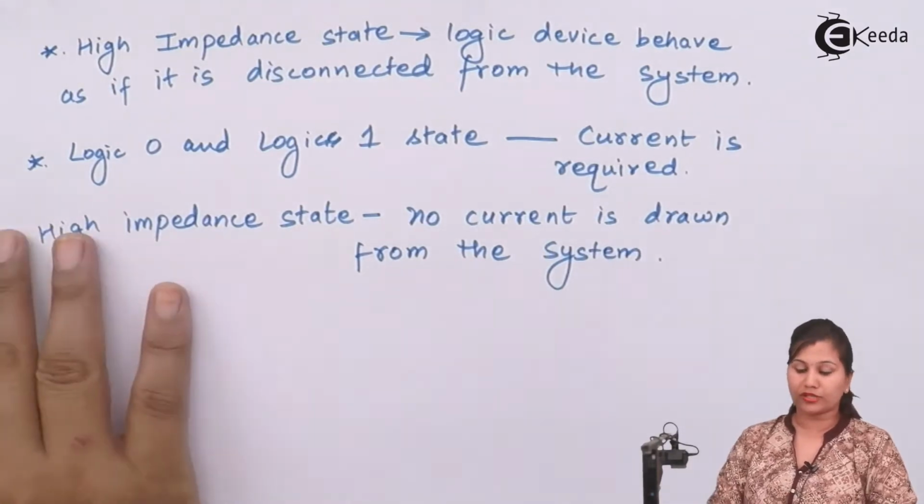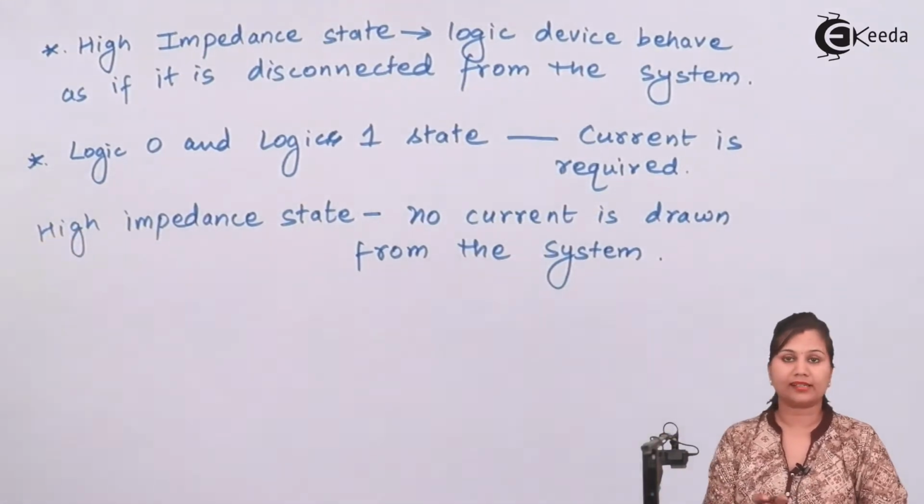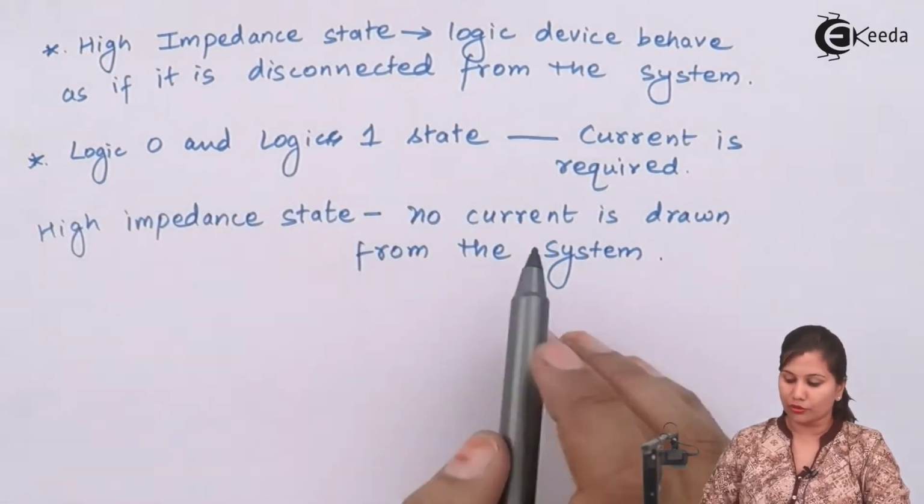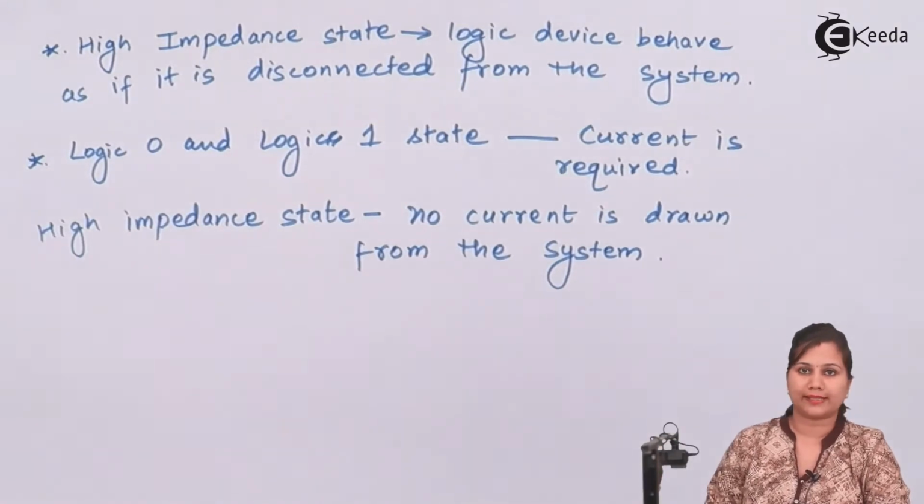In the logic 0 and logic 1 state, current is required to drive the system, whereas in the high impedance state, no current is drawn from the system.